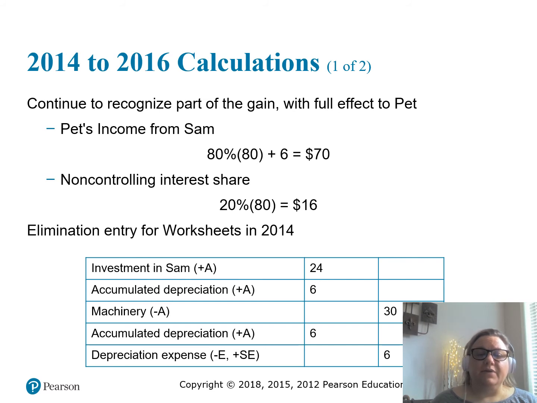Then we have to go in and find the non-controlling interest, and then here are the eliminations. Here again, I'm adjusting down investment and accumulated depreciation, crediting off machinery, and then I have to do a back entry to eliminate that depreciation expense, because I don't want to have any income statement effects from intercompany sales.